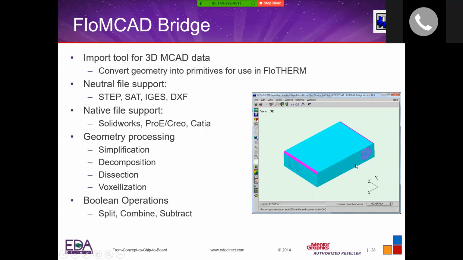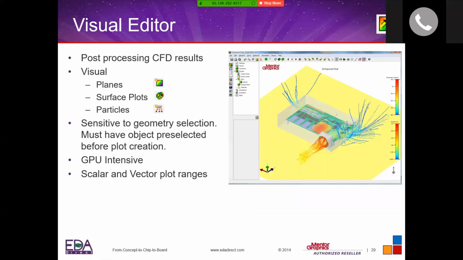Things like that. We simplify things to make the computational easier. And then you bring it into the FloTHERM environment. So basically, you have to dissect each one of those layers one at a time.